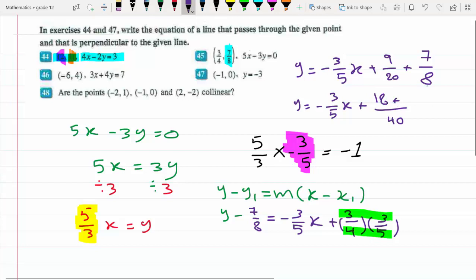Plus, how many 8s are in 40? 5. 5 times 7, 35. Add them. 18 plus 35 is equal to 53. So 53 over 40.